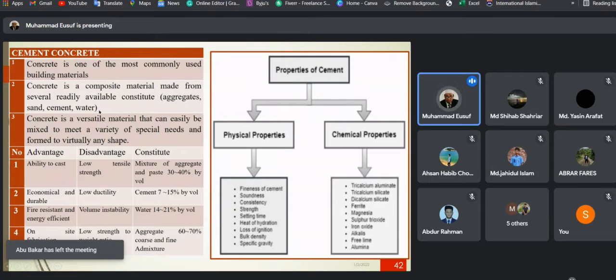According to our environment, our BNBC, Bangladesh National Building Code, suggested how much water we need. Water is always based on the cement, which is known as the water cement ratio.